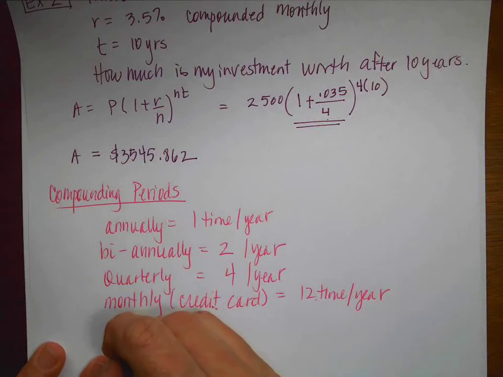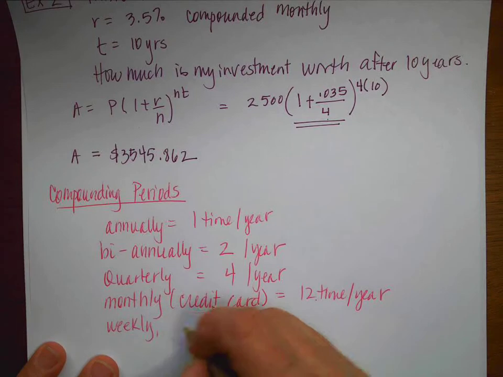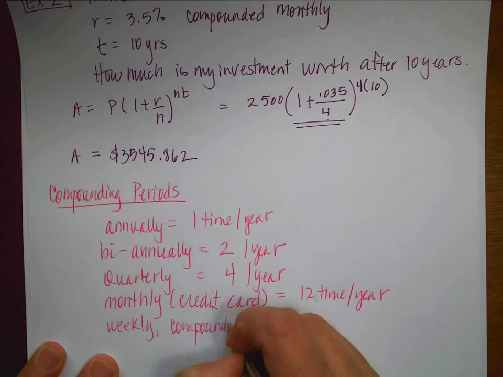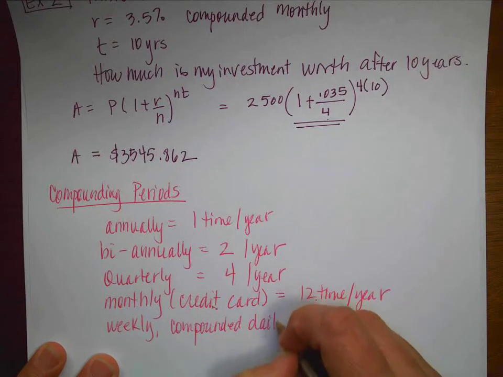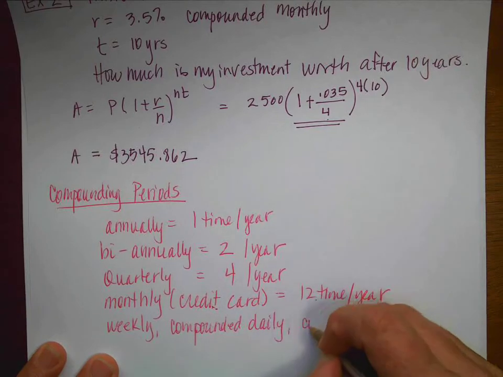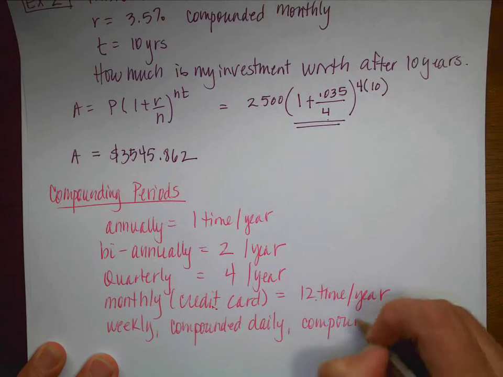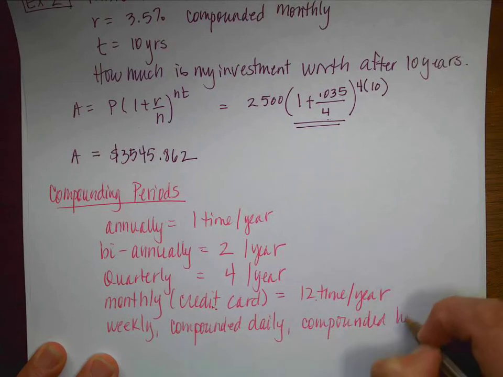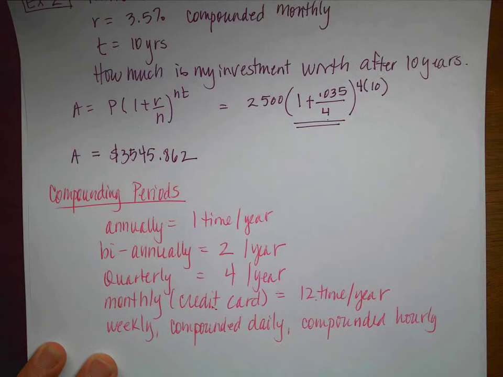There is another one, as we could go on and we could do compounded weekly, we could do compounded daily, and we could do compounded hourly. I mean, it goes on and on.